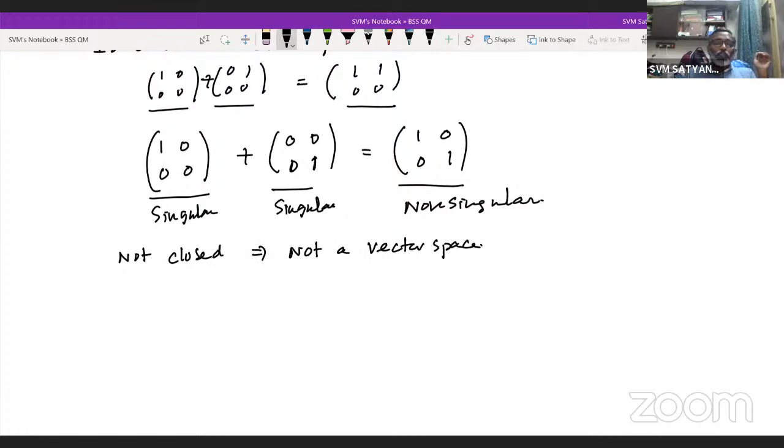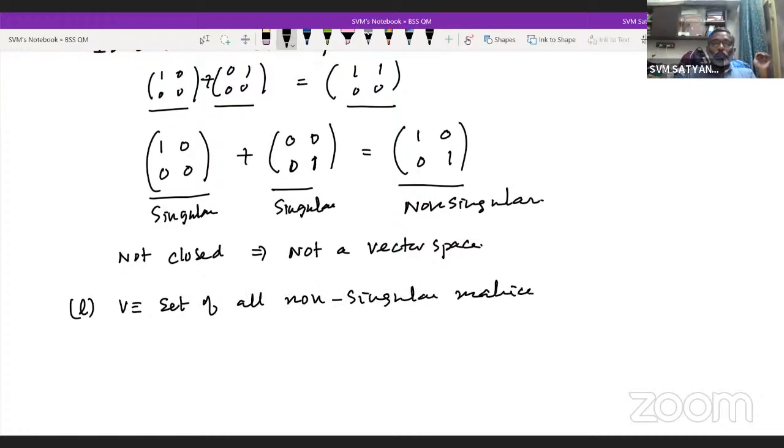Same thing is true with the next one, L: the set of all non-singular matrices. It's also not a vector space. For example, you take 1 0 0 1. This is non-singular.